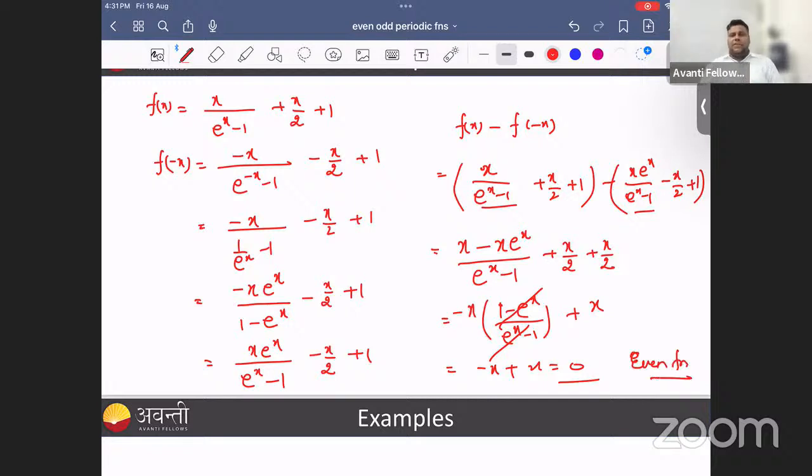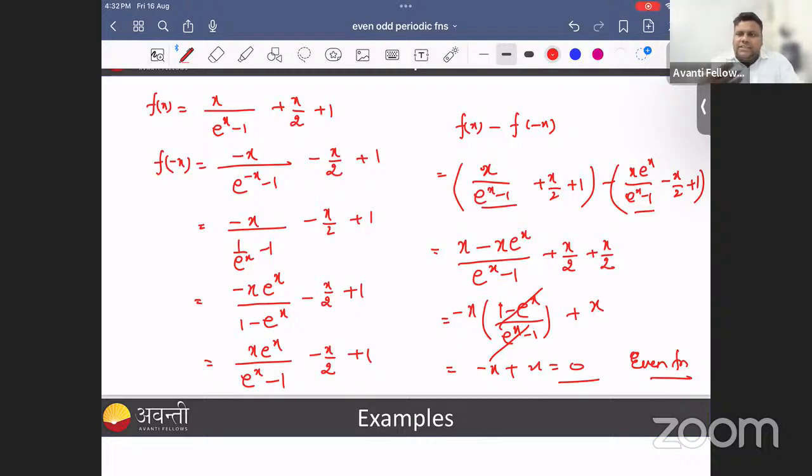See again, see very carefully. Got it, guys? See, there is no particular criteria for when we have to add both the functions or when we have to subtract both the functions. Got it?